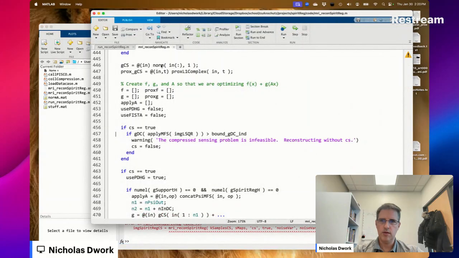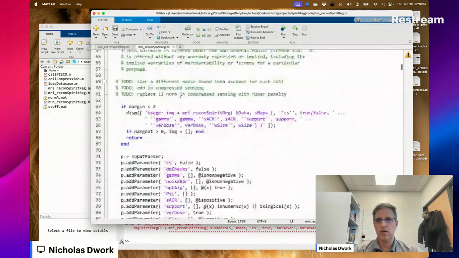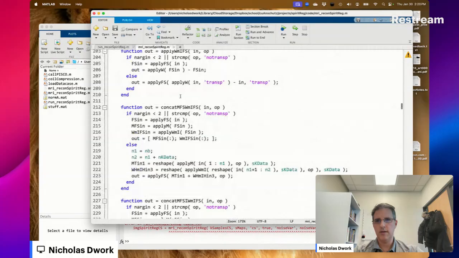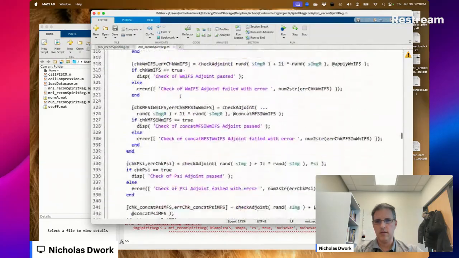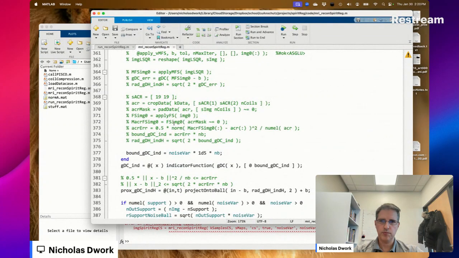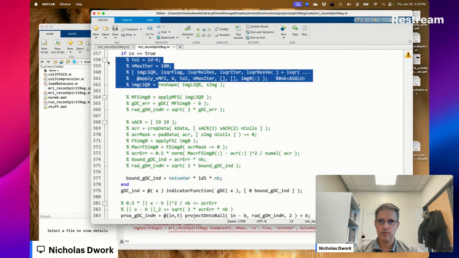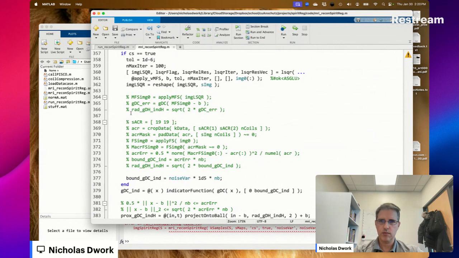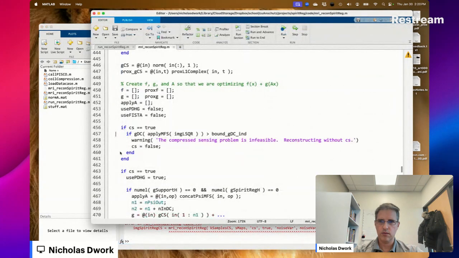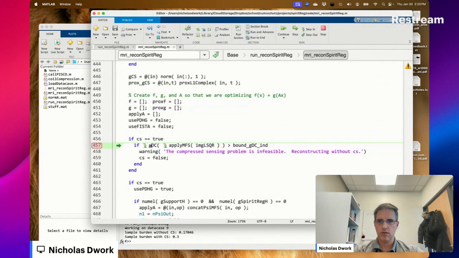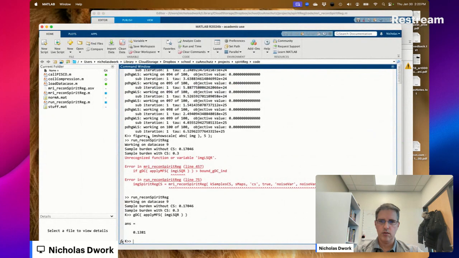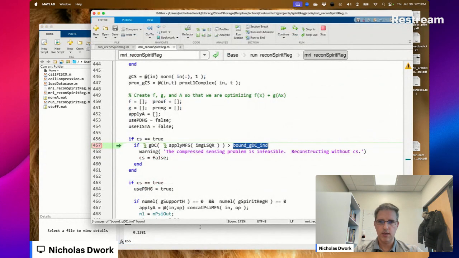Oh boy. I'm going to have to revert. 0.13 and this 0.6.